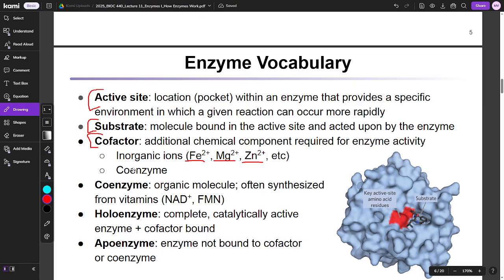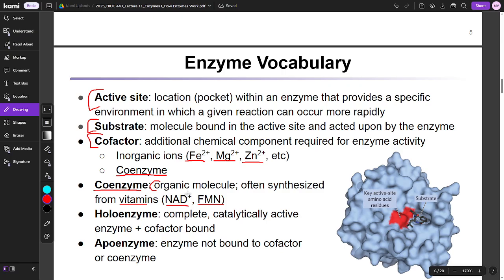Also called coenzymes. But coenzyme is a little bit more broad. Coenzymes usually refers to organic molecules specifically, so they have to include carbon chains. So NAD plus, FMN, vitamins like B12, B9, B2, B3, B5. These are all vitamins that are made of different carbon chains and carbon structures, right?